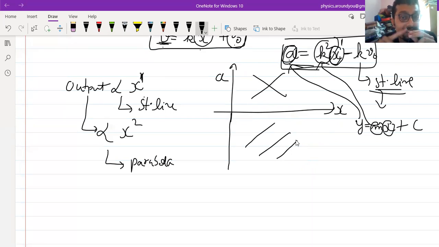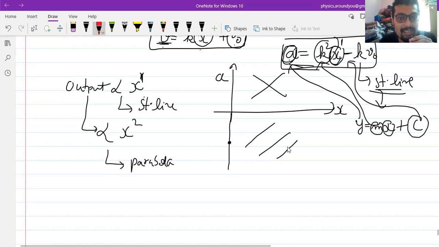We now know the direction of the line. One more progress we can make. What is this? Y intercept. Is the y intercept negative or positive? Negative, sir. So as we said, the y intercept is negative and it is a straight line with a positive slope.